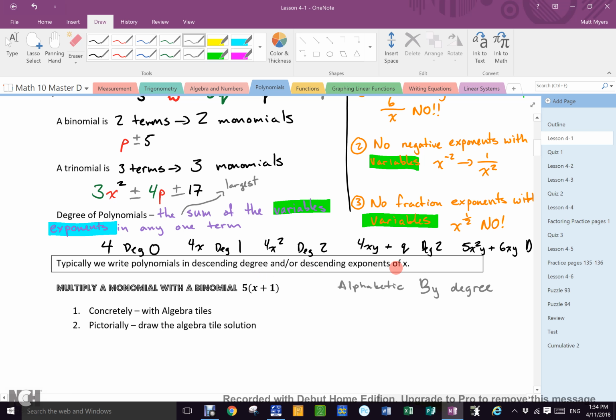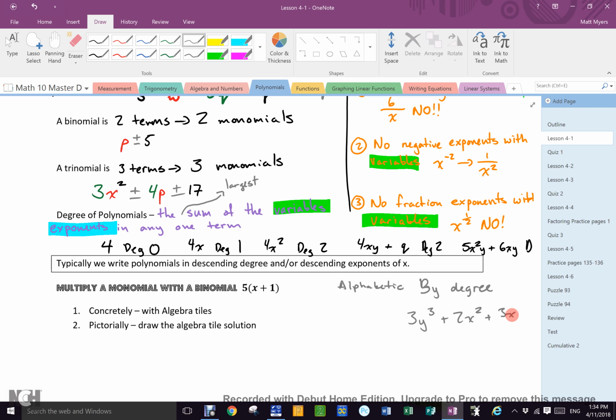That's what this means. So if I gave you 3y cubed plus 2x squared plus 3x, put that into the proper order. So alphabetical first. So what would go first, x's or y's?